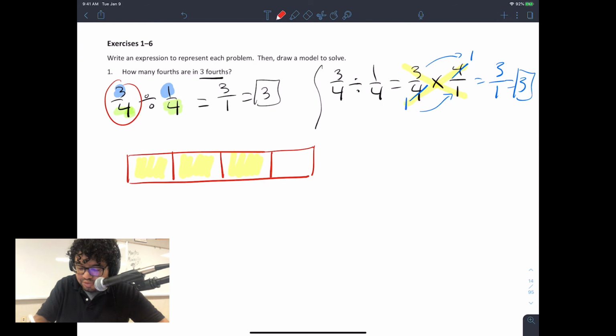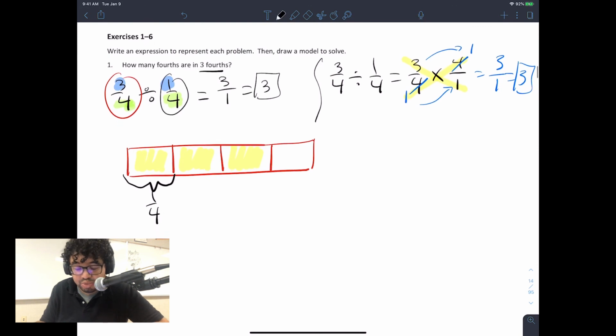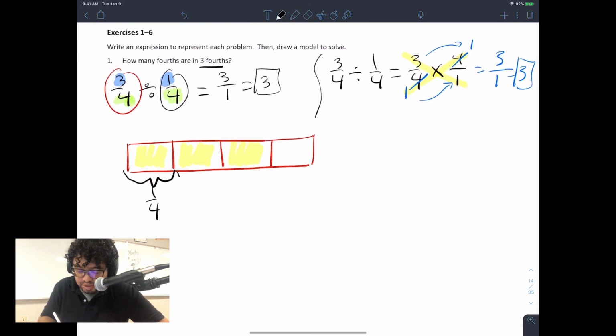Then I'm going to look at my second fraction, right? My second fraction is 1/4. So that 1/4, I'm going to break this into groups of 1/4. So 1 out of the 4, well, this is 1 out of the 4. That's one group. Remember, my answer is how many groups I'm able to make. Once again, I'm going to do 1/4.